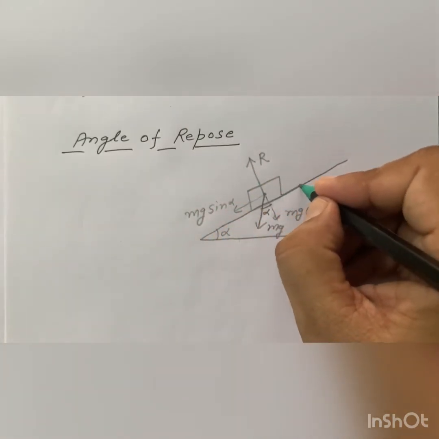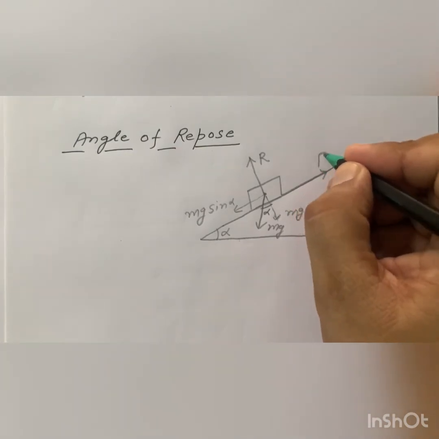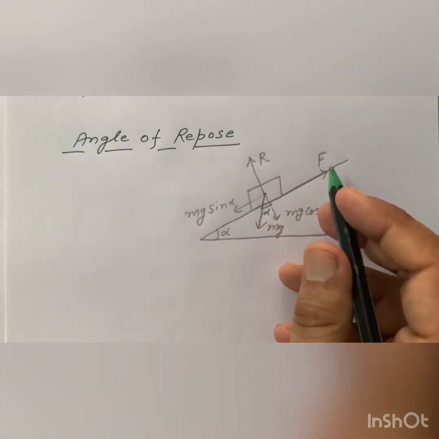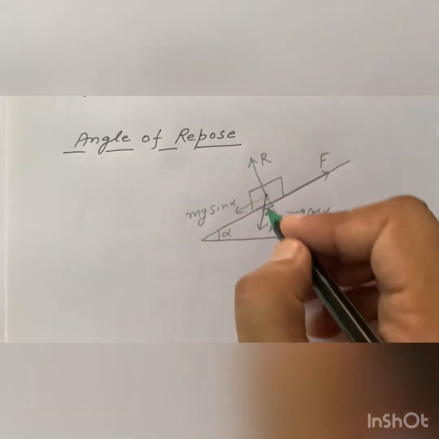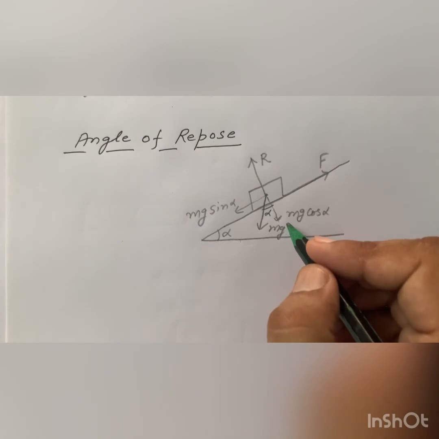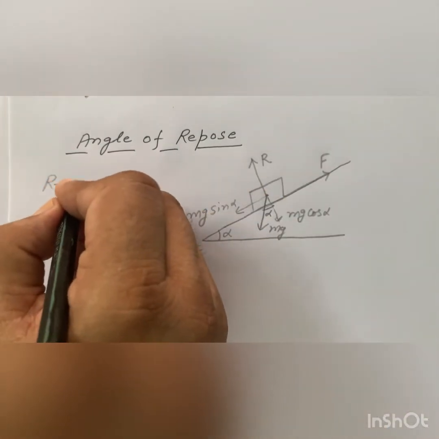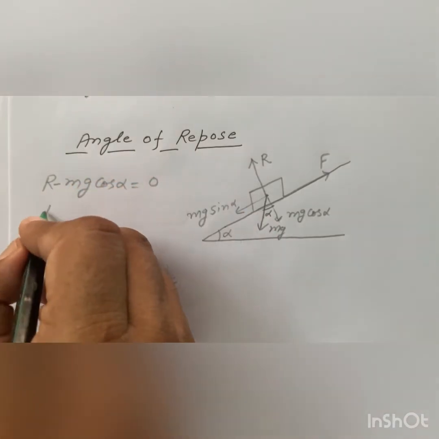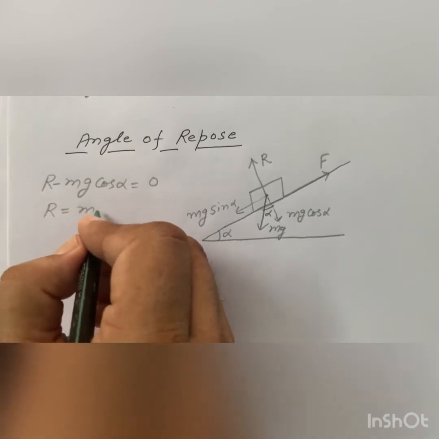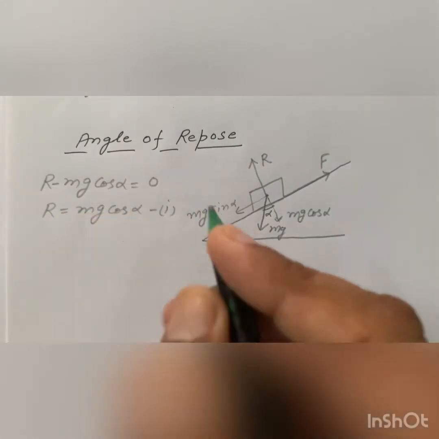Here this is the force of friction in this direction. We know that there is no motion along this direction, so net force acting is 0. We have R minus mg cos alpha equal to 0, or R equal to mg cos alpha. This is equation number 1.